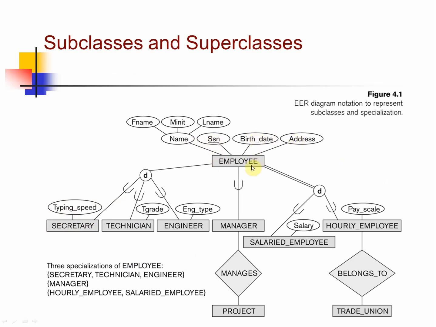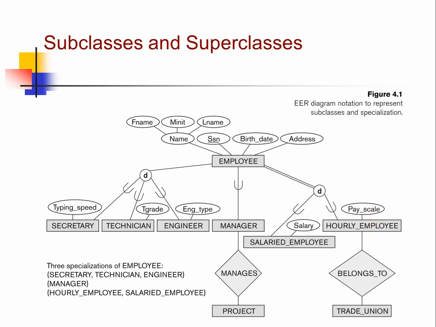So all the attributes in the superclass will be inherited by the subclass. So the secretary has 1, 2, 3, 4, and 5 attributes describing the secretary. If I'm asking what are the attributes describing the hourly employee, they are name, social security number, birthday, address, and pay scale.